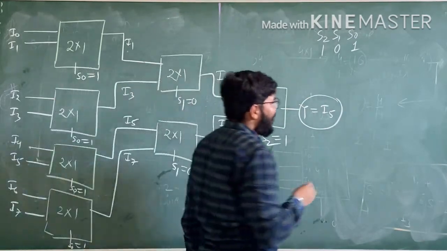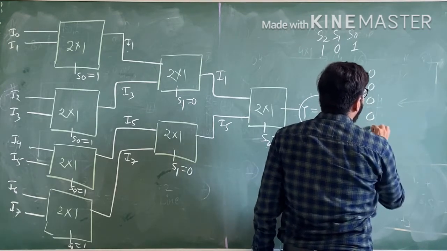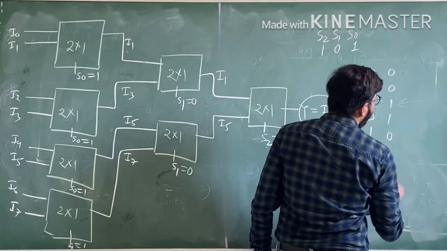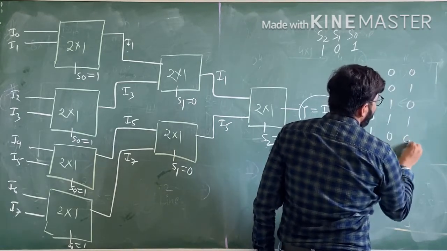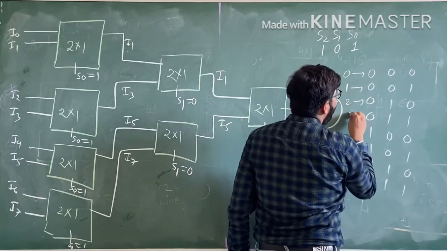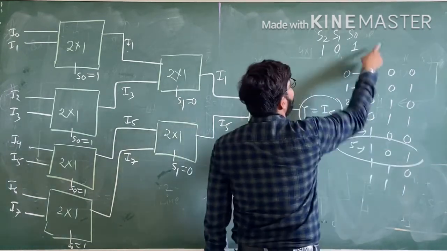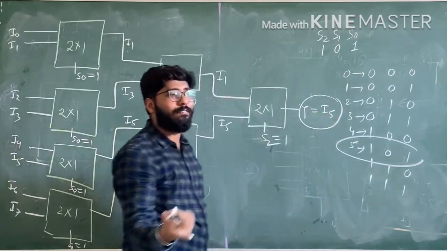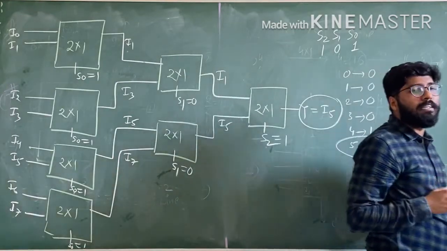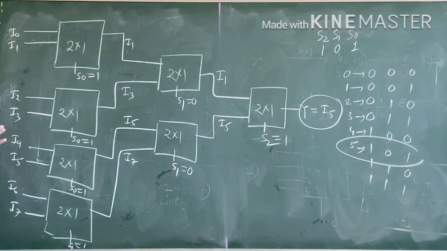Now you see, in the Boolean expression we can see 000, 001, 010, 011, 100, 101. This is 0, this is 1, this is 2, this is 3, this is 4, this is 5. 101 is 5, so you get I5. I5 is the correct answer. So in this way, you can see that you designed a correct multiplexer with the help of 2 cross 1 mux.